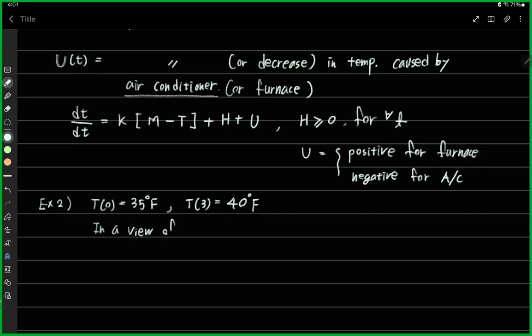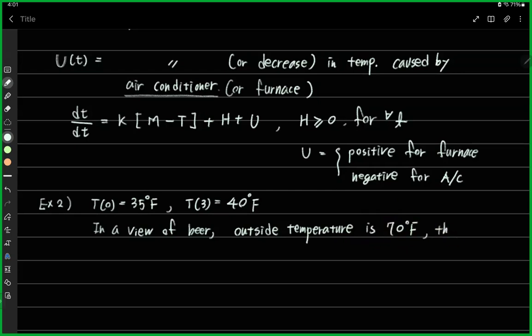So in the view of the beer, the outside temperature here, what is it? Outside temperature means the temperature of the restaurant, which is 70 degrees Fahrenheit.